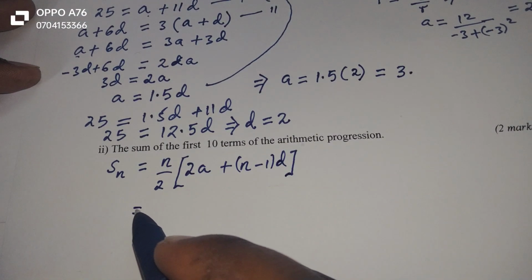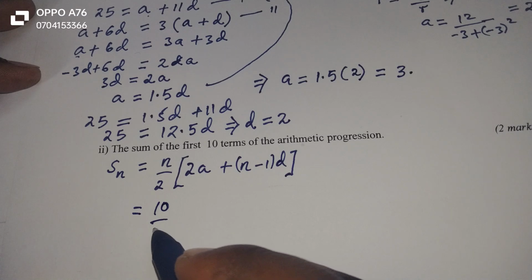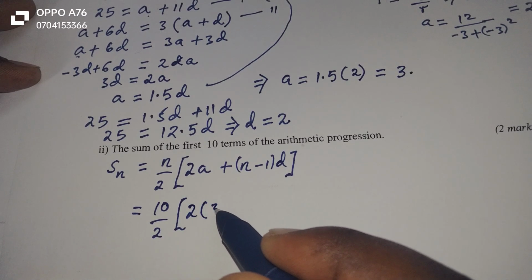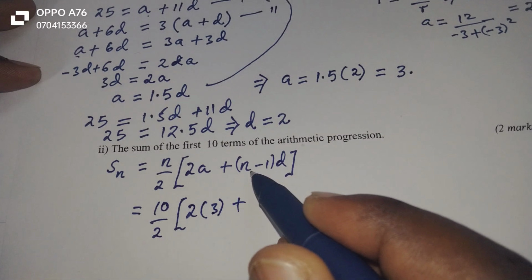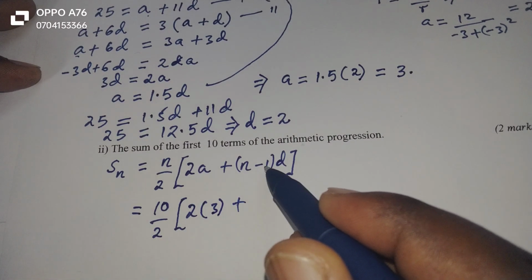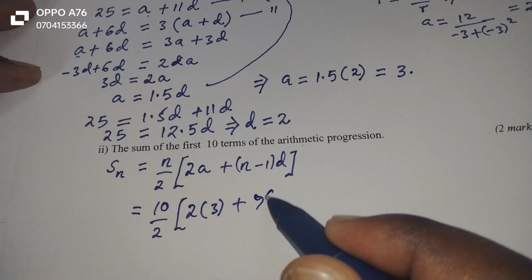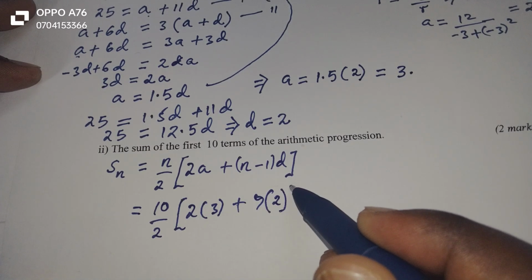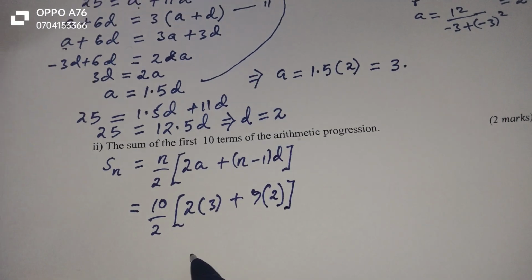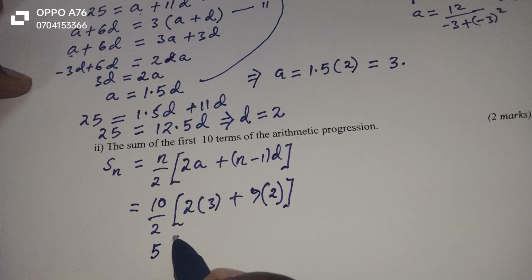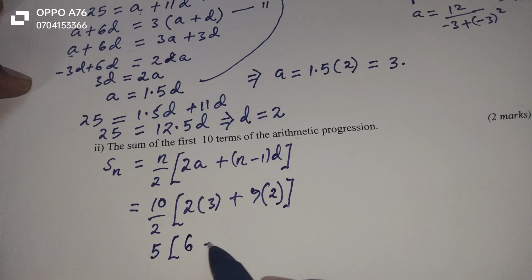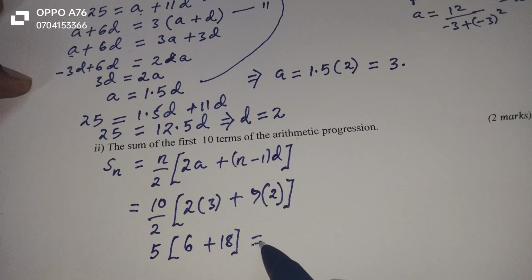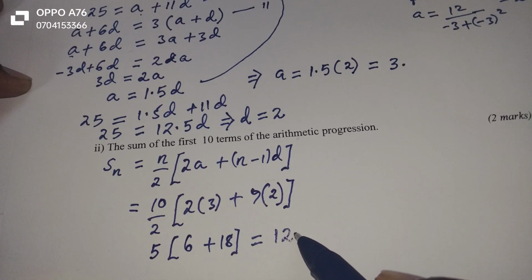So we can substitute n is 10 out of 2 into 2 multiplied by the first term, which is 3, plus n minus 1. So 10 minus 1, which is 9, multiplied by the common difference, which is 2. So this is going to be 5 into 6 plus 18. 5 multiplied by 24 is 120.